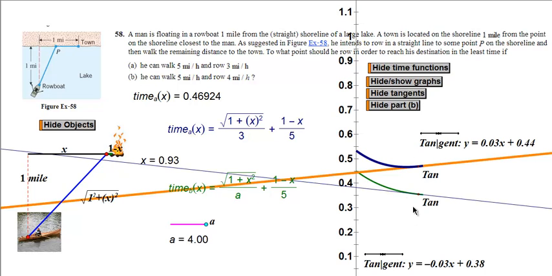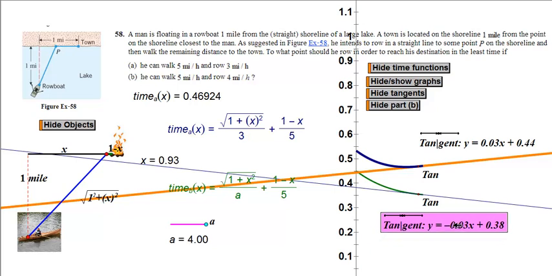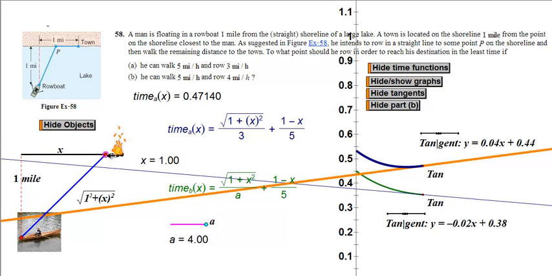So let's show the tangent in this case. Right now it's saying it's got a slope of negative 0.3, but even as I move x all the way to the end, you still have negative 0.02. So what does that mean? That means that the function is decreasing because the slope is negative the entire time.